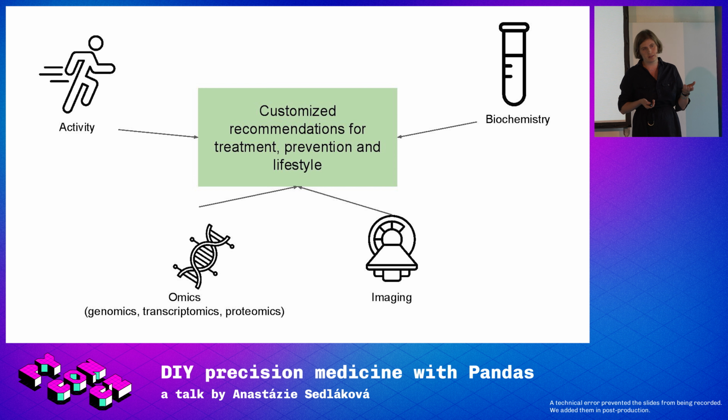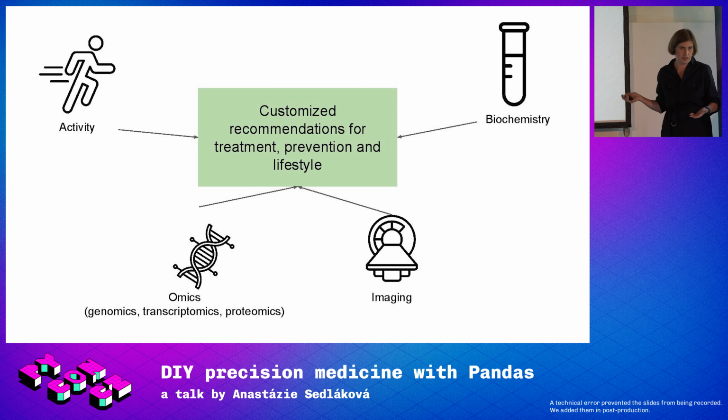And I said that there are different data that precision medicine could use. So what are they? Just a few of them. It's activity data. If you have your Fitbit or whatever you have, this data could be used to make some customized recommendation for you. Also your biochemistry, your vitamins level, your hormones level.